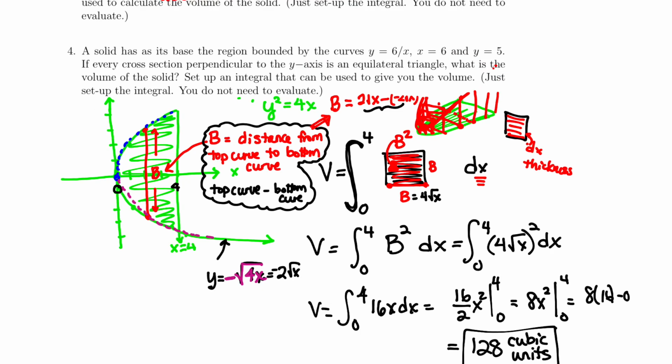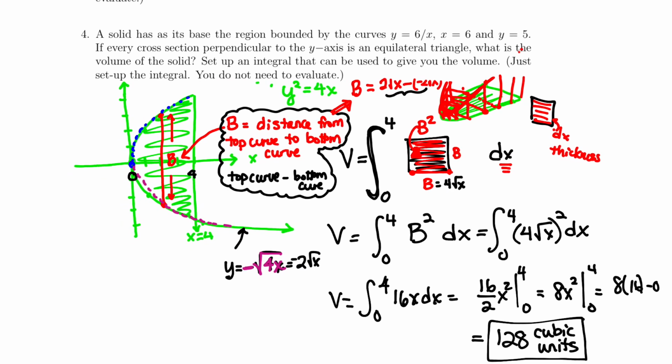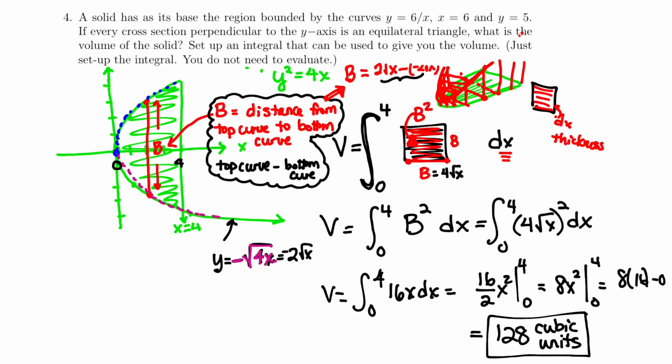Here we go. Your practice right now. A solid has as its base the region bounded by the curves. Can you see it? Is it big enough? Y equals 6 divided by x, x equals 6 and y equals 5.